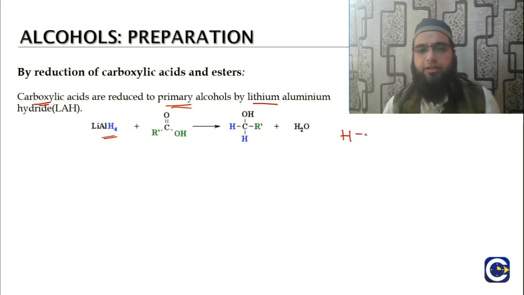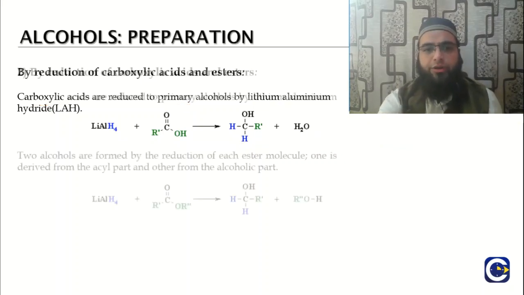H negative ions are easily given out by these reducing agents, and hydrides are nucleophilic in nature. The reduction of carboxylic acids gives us the primary alcohol, and we have water as the byproduct.